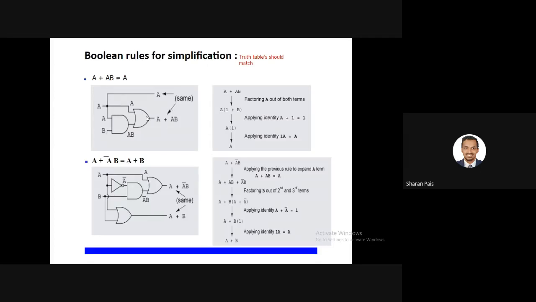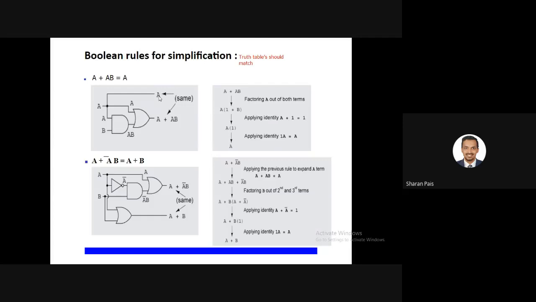So one equation will be given, where the equation is A plus AB. Actually, if you are going for a circuit, then this is your circuit. Whether this circuit is necessary, then you go and solve that. A plus AB. So if you do all this, final answer is A. I don't want an AND gate and OR gate.